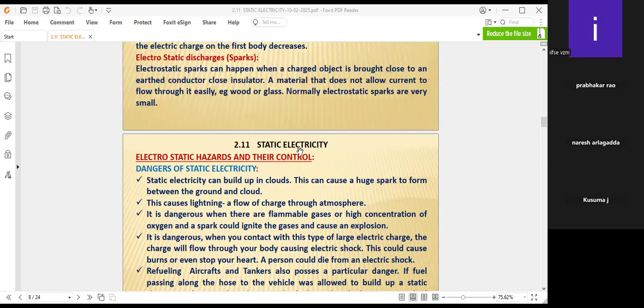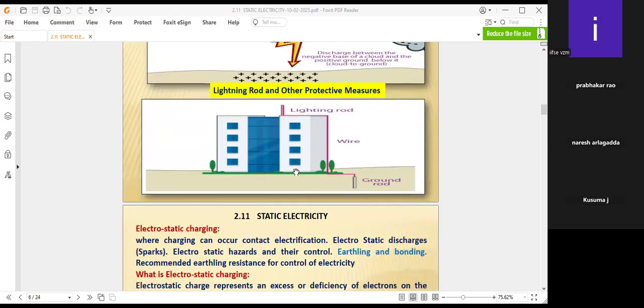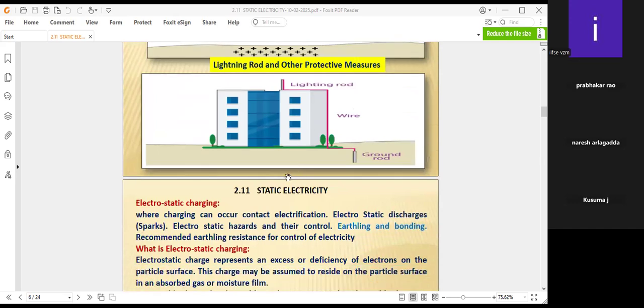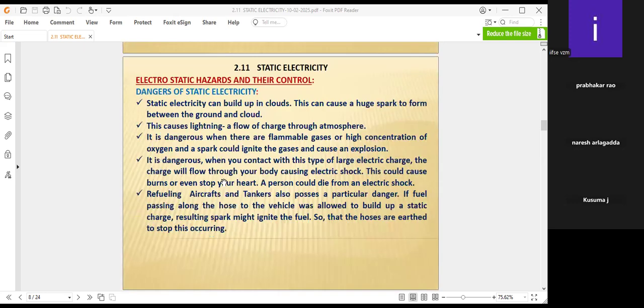So before the lightning or static electricity reaches the ground, we must see that the objects are bonded perfectly. Even more, precautionary steps must be taken where flammable objects or flammable gases are there; earthing and bonding must be taken care of. We will discuss what earthing and bonding are in the coming slides.